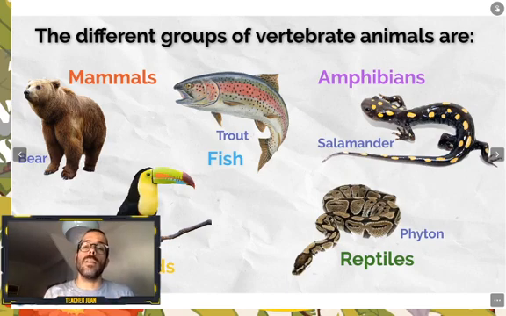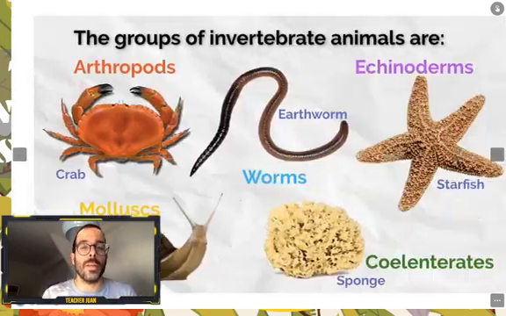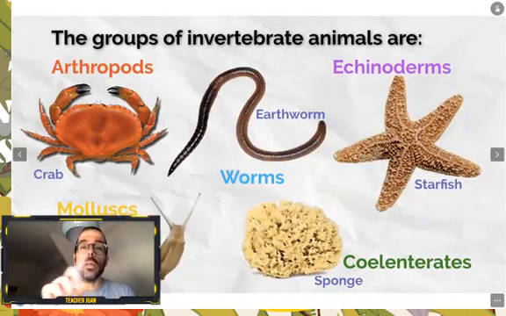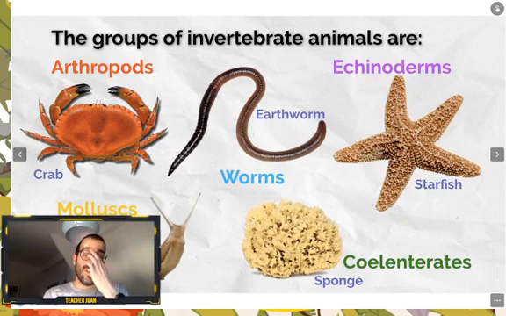And on the other side, there are the invertebrates, animals that don't have bones, no skeleton. There are lots of types, and these are the main types that we have studied. The arthropods, there are lots of types of arthropods, but this is one example, the crab, el cangrejo.